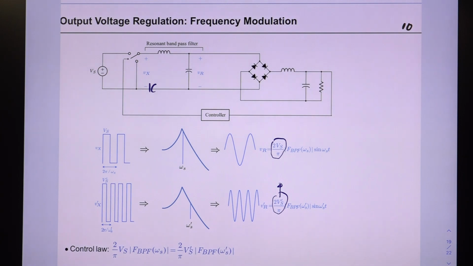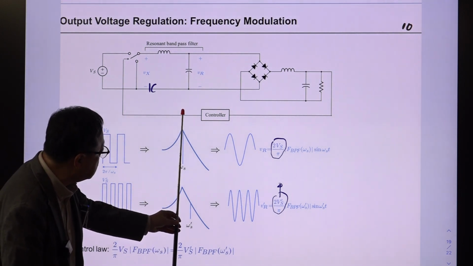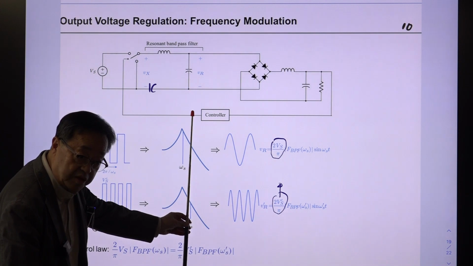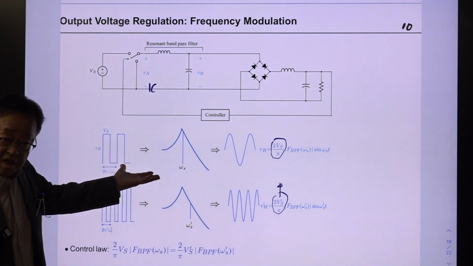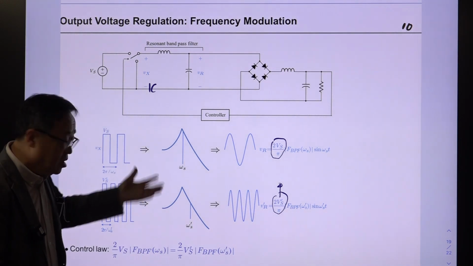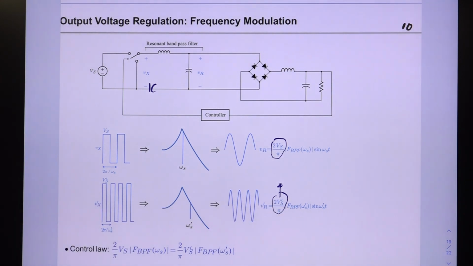But now you increase the switching frequency, moving from omega s to a higher frequency omega s prime. Because of the low pass filter characteristic of this bandpass filter, this gain is reduced.